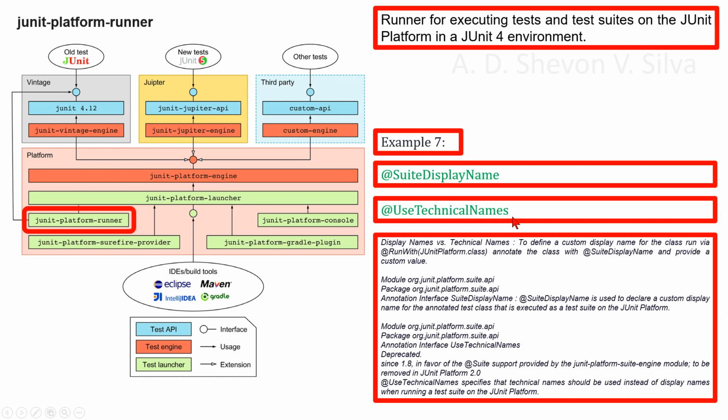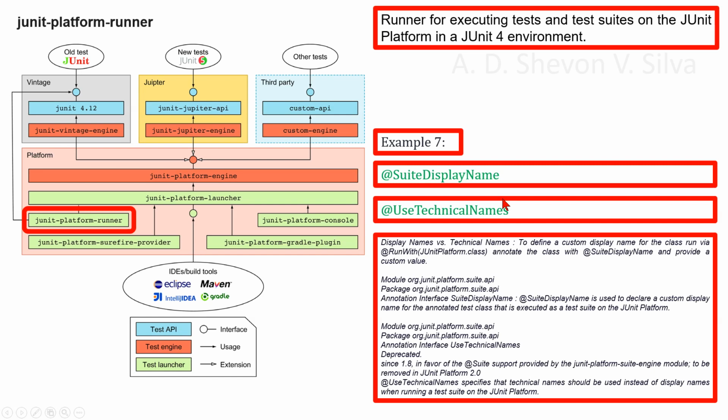By default, display names will be used for test artifacts. However, when the junit-platform-runner is used to execute tests with a build tool such as Gradle or Maven, the generated test report often needs to include the technical names of the test artifacts. For example, fully qualified class names instead of shorter display names like the simple name of a test class or a custom display name containing special characters.